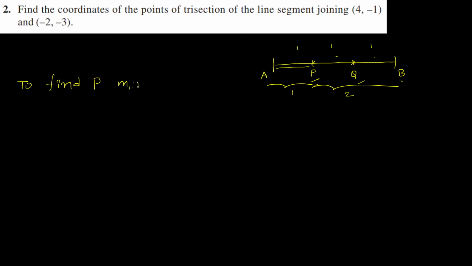m1 is to m2 would be 1 is to 2, and the given points are (4, -1) and (-2, -3).